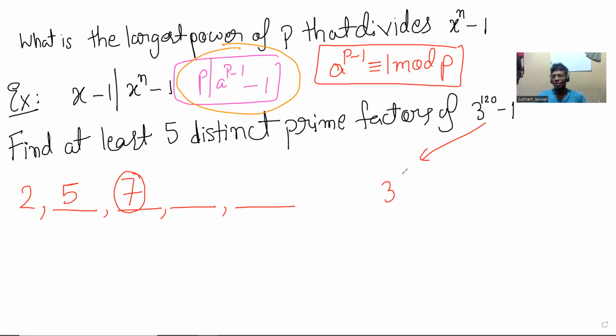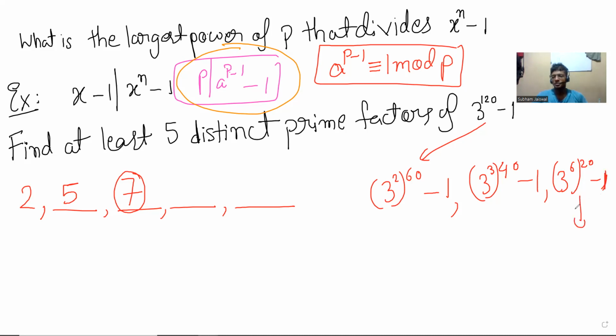For example, you had 3, then next step you can look at this and see if it gives you any new factors. Then you can look at this and see if you get any new factors. For instance, what we did now is we looked at this, and then what is this? 3 to the 6 is 729, right?